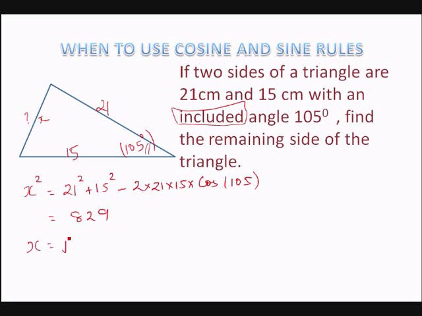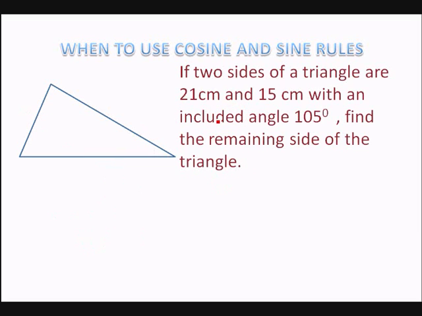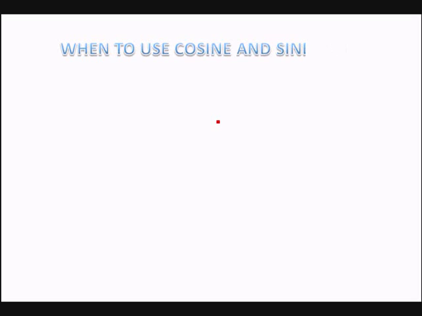Therefore, the side should be square root of 829, which is 28.8, again approximately. Therefore, this is another example which has two sides and one angle given, and you are asked to find the third side. Again, the included angle is a very important word in this example. Let's continue and see where to use sine rules.